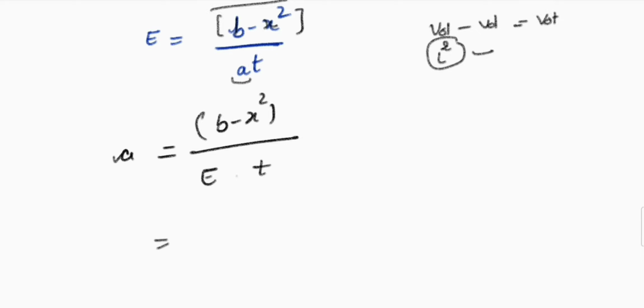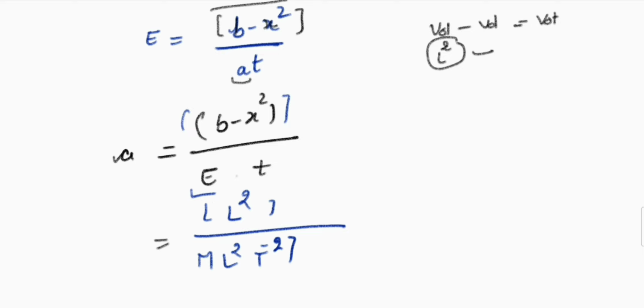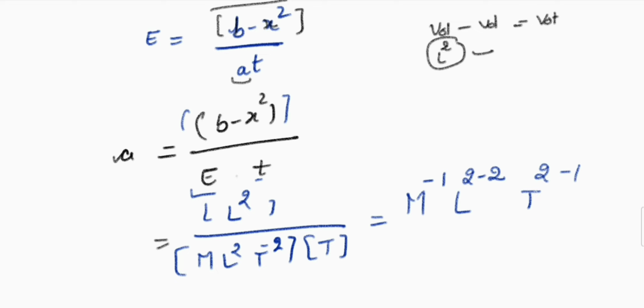Now we will write the dimensions of all physical quantities. The dimensions of B minus x squared are L squared, divided by the energy. The dimensions for energy are M L squared T minus 2, and for T it is T. So this is equal to M raised to power minus 1, L raised to power 2 minus 2, T raised to power 2 minus 1.